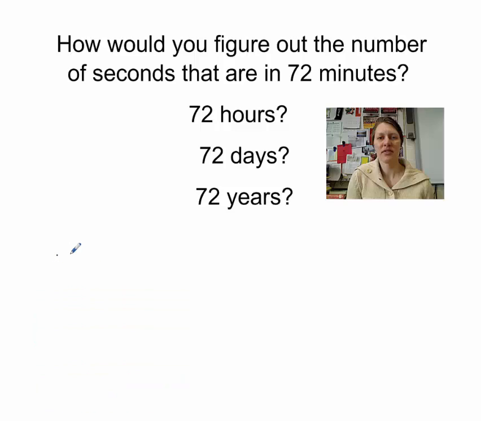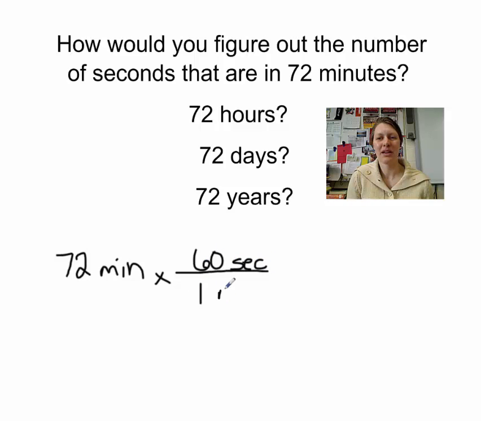If we have 72 minutes to start with, you said that you're going to multiply it by 60. And the reason that you are multiplying it by 60 is because there are 60 seconds in 1 minute. So you can see what happens here when we multiply it by this ratio of 60 seconds per 1 minute, that we have the units of minutes on the top, and then we have the units of minutes on the bottom here.